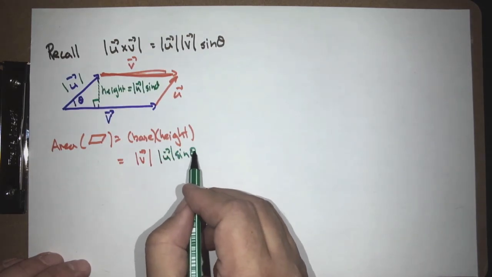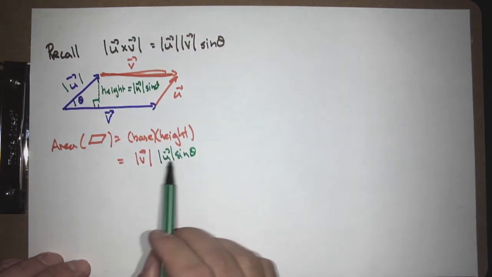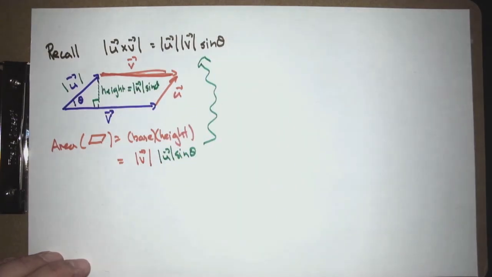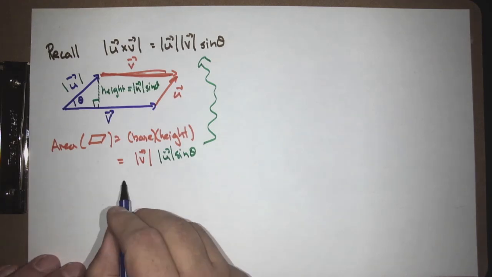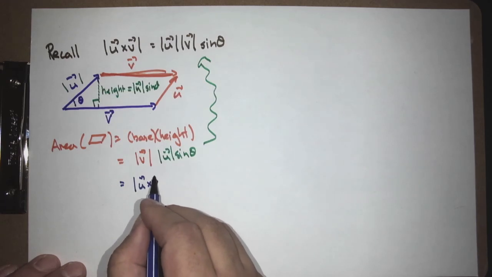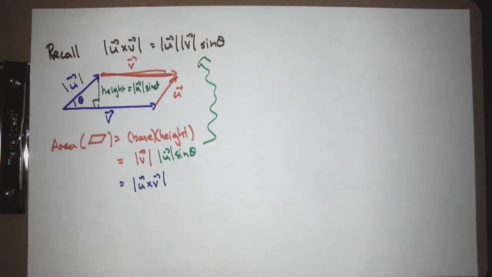And now we're like, we've seen this formula somewhere before. It's right up there. So our great aha, when we take this cross product, it's finding the area of the parallelogram where the edges are u and v.